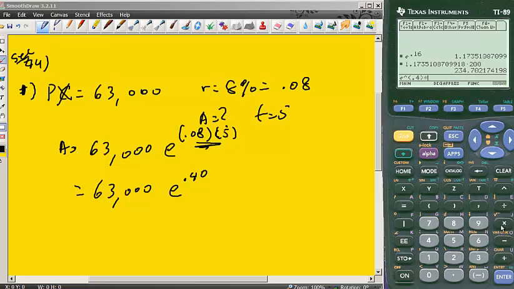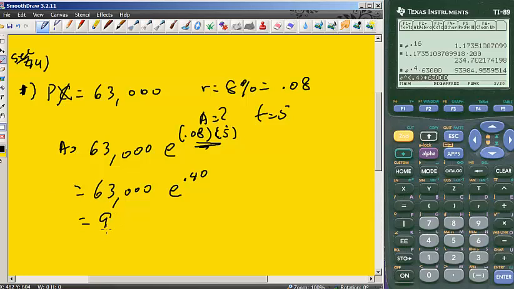And then we're going to multiply that by $63,000. And there it is. It turns out to be $93,984.96. That's how much the condominium will be worth. So it's still easy. Let's go to the next problem.